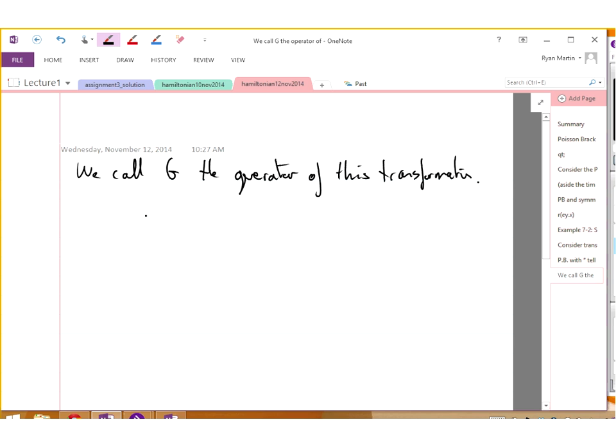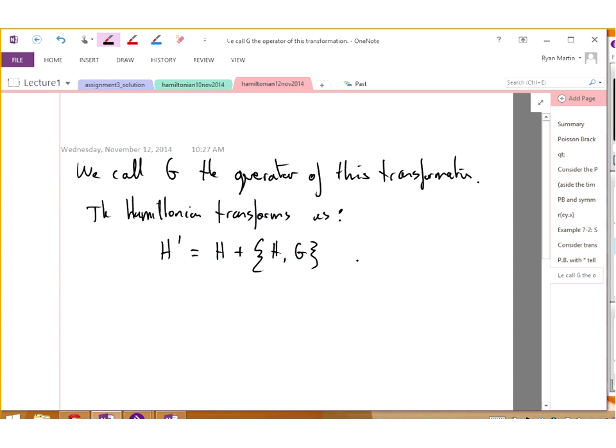So the Hamiltonian then transforms as H prime is equal to the original Hamiltonian plus the Poisson bracket of the Hamiltonian with the generating function times delta epsilon.